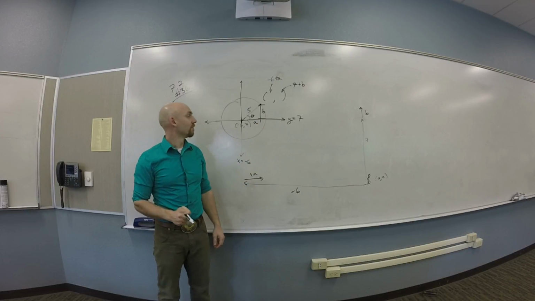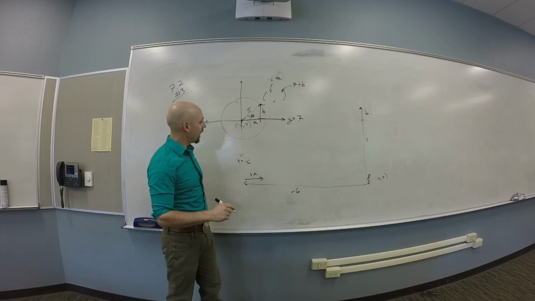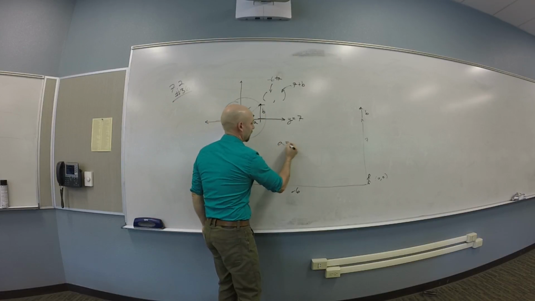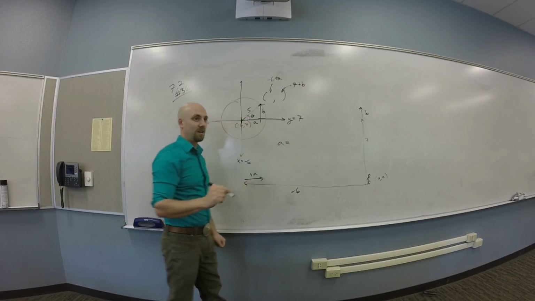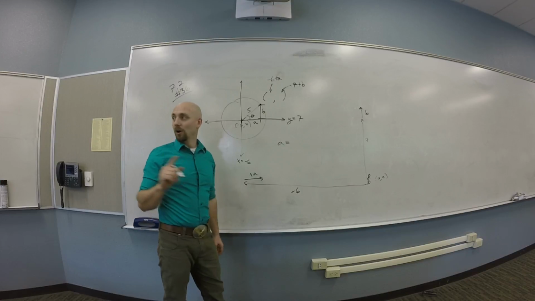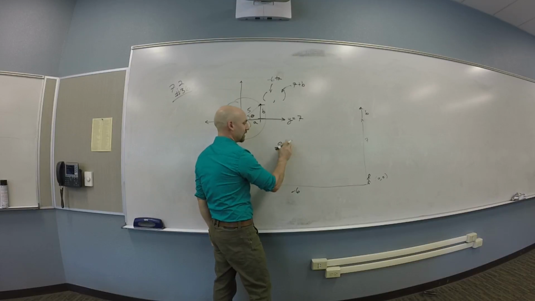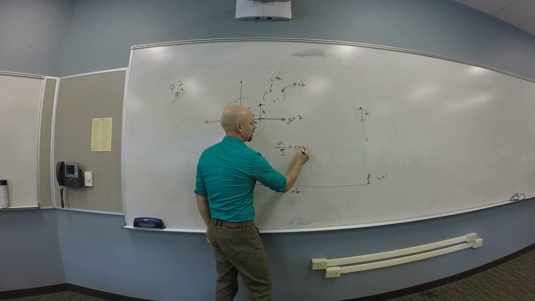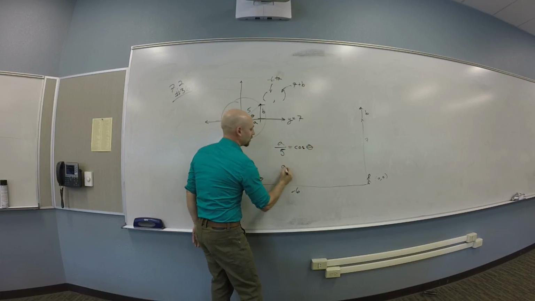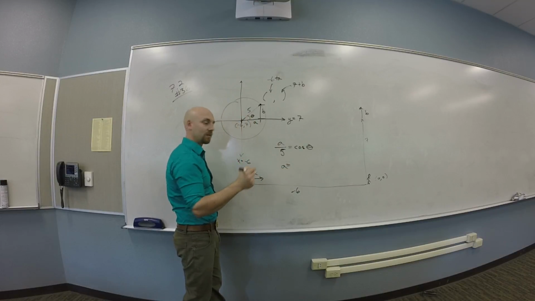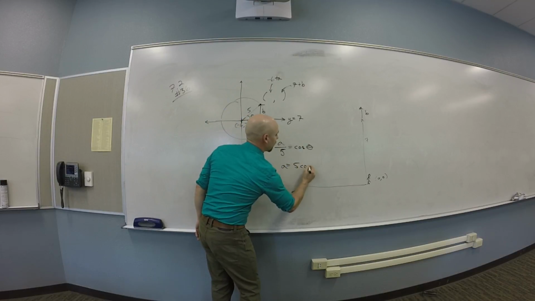Okay, so where do I get A from? Cosine. Adjacent over 5 is cosine of theta, so A by itself is 5 cosine theta.